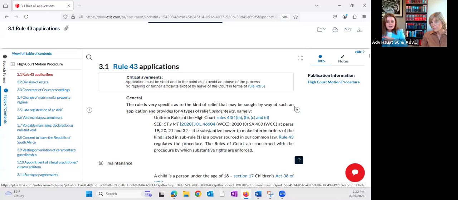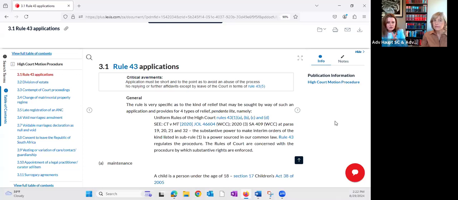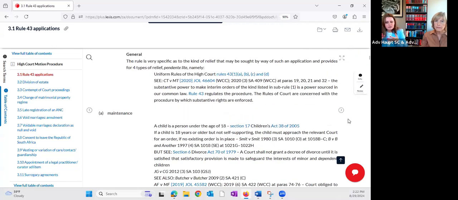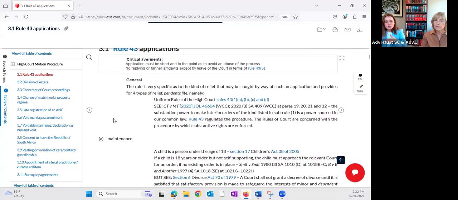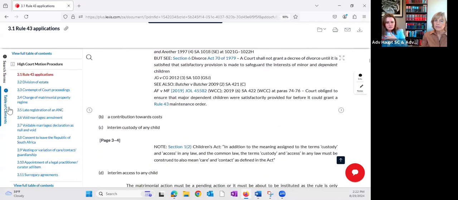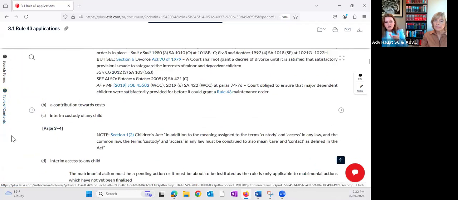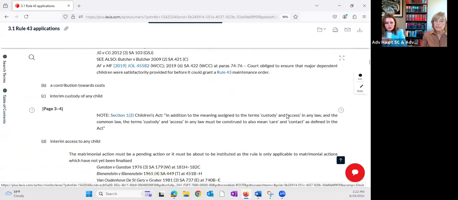So a party is not entitled by right to file a replying affidavit because the rule simply doesn't make provision for it. And that's just a portion from our book from chapter 3, where we deal with the family-related matters, for instance. And you'll see that the rule is self-contained. It deals specifically with 4 elements: the maintenance, then you deal with care and contact of children, and then contribution towards costs.